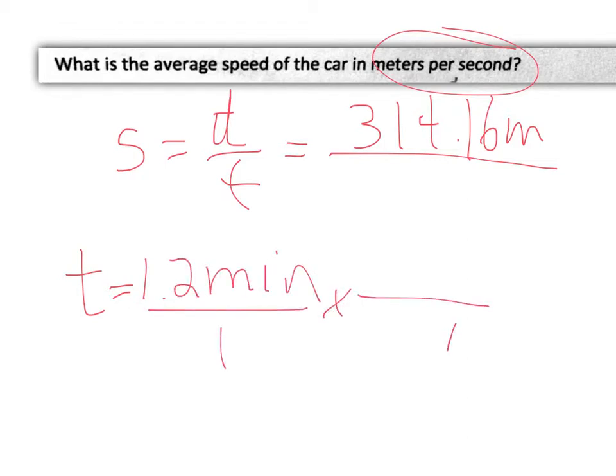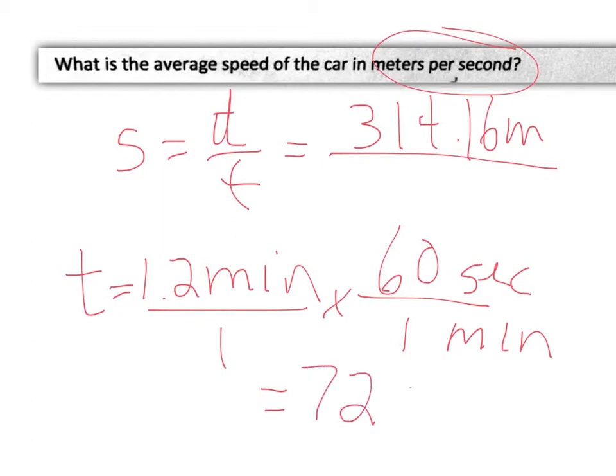We're just going to use dimensional analysis. We know 60 seconds in 1 minute. So 1.2 minutes times 60 seconds gives us 72 seconds. So that is going to go right there.